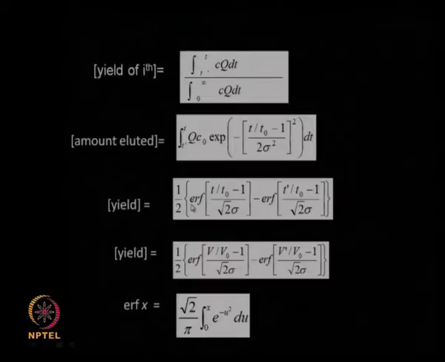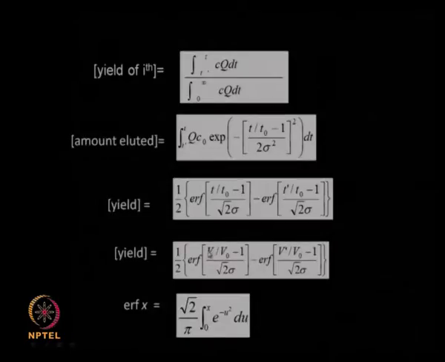So yield will become half into erf, this is called an error function, erf((T/T0 − 1)/(√2 σ)) minus erf((T'/T0 − 1)/(√2 σ)), where the error function is defined like this: erf(x) equals square root of 2 by π, integral 0 to x of e power minus u² du. So by calculating the error function and substituting here, we will be able to calculate what is the yield.